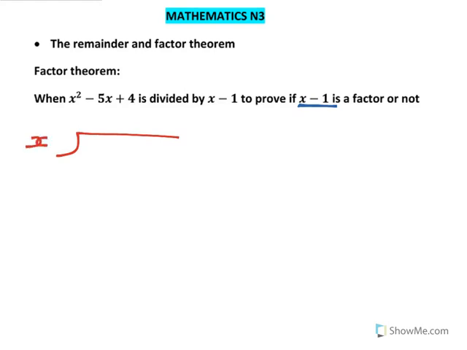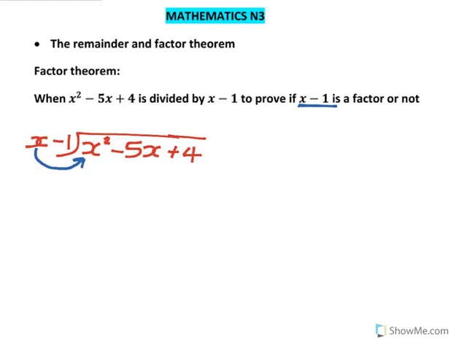You put your x minus 1 here, and then you've got x squared minus 5x plus 4. How many times does x get into x squared?